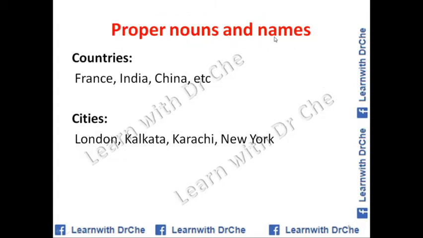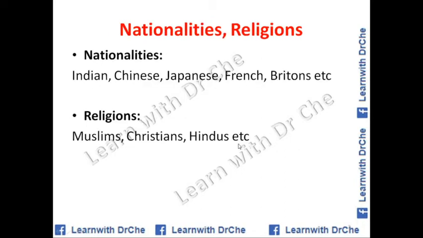With proper nouns and names, we use capital letters. For example, with countries, France, India, China, we use capital letters. With cities, London, Calcutta, Karachi, New York, we use capital letters. With nationalities, we use capital letters: Indians, Chinese, the Japanese, the French, Britons.